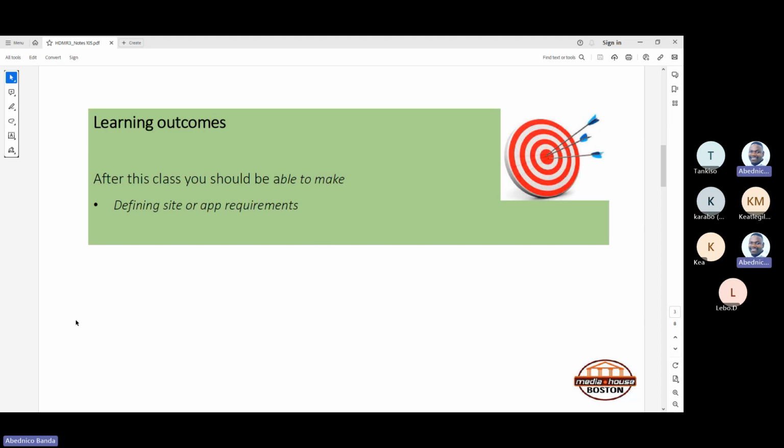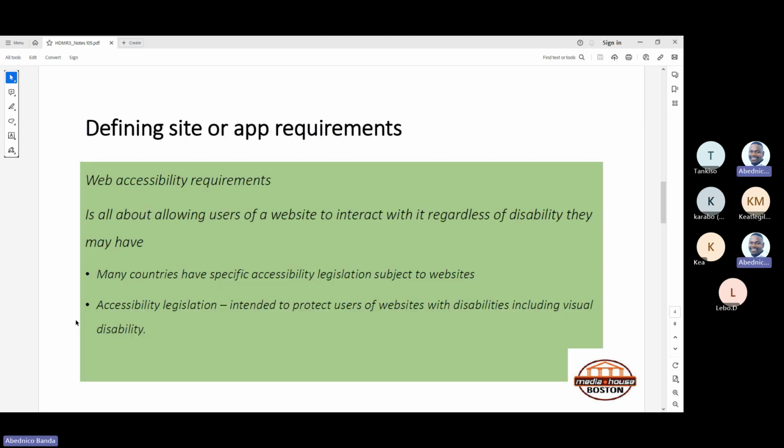In the previous lesson, we spoke about how usability of websites, applications, and even software can contribute to customer experience. Now we are going to continue with the requirements, and look at web accessibility requirements.